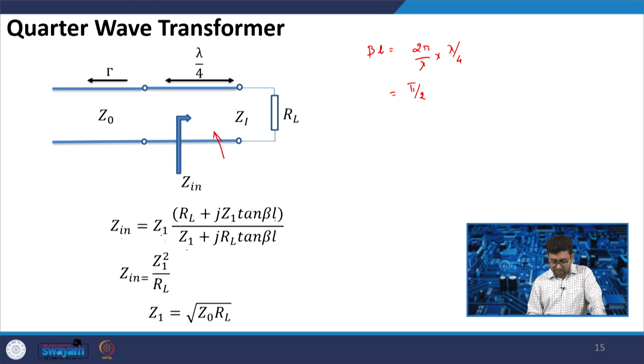So, if you take this as the denominator, this cancels out, this cancels out, and you get Z1 square by RL.